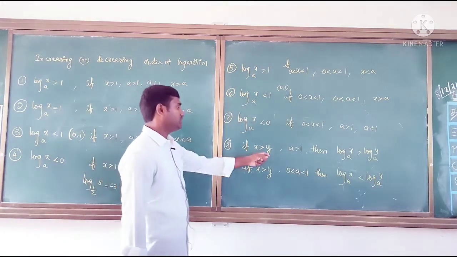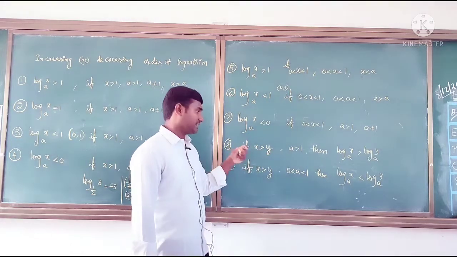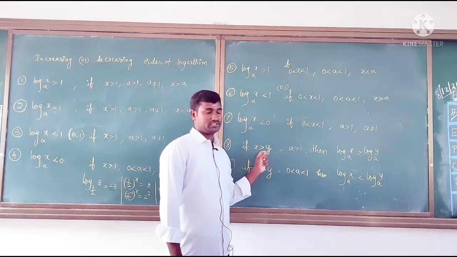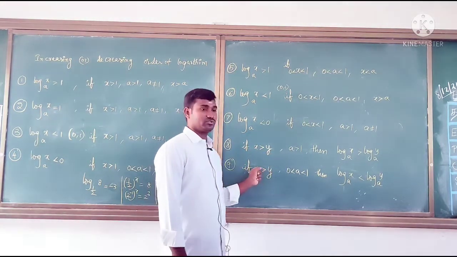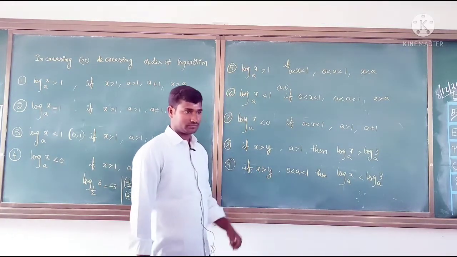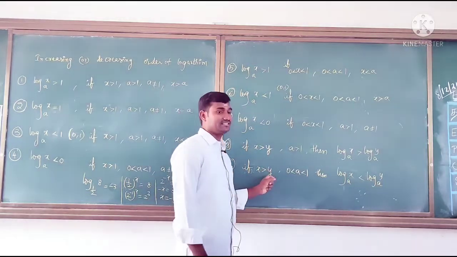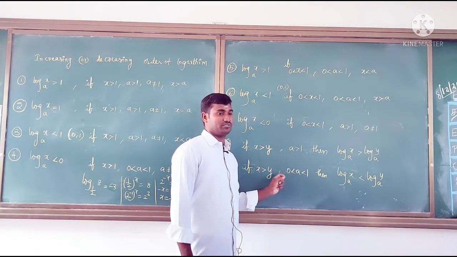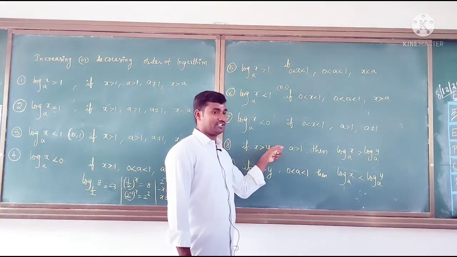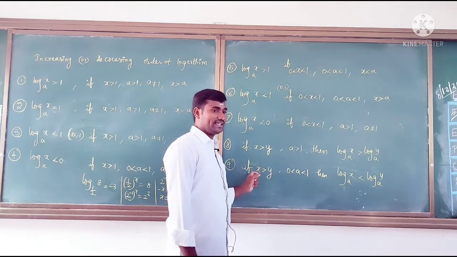Here x value and y value you can consider greater than 1 only. Here in this only x and y are greater than 1, a lies between 0 and 1.